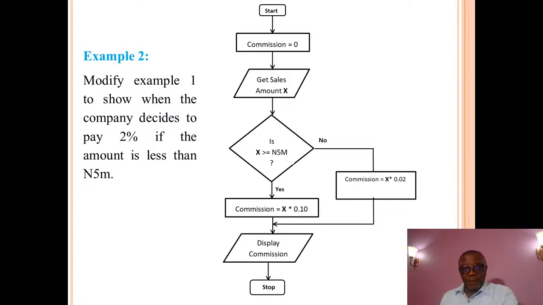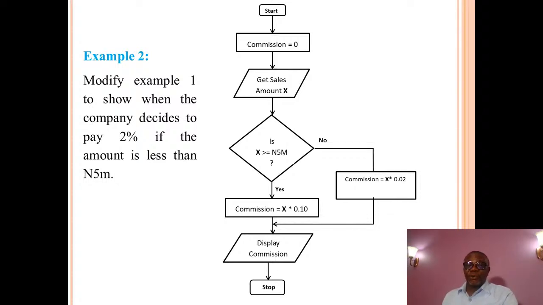Now you ask that question again. Is this sales amount X equal to or greater than 5 million naira? If your answer is yes, you compute commission equals X times 0.1, that is 10%.